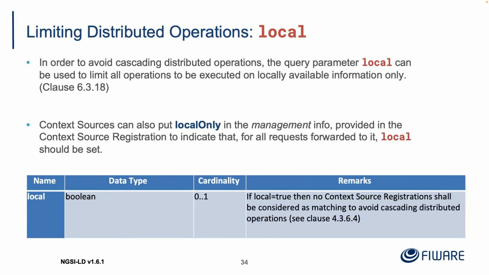Again, looking at that example with the battery level, maybe there is a device which is pushing up sensor information. If I put local in as the parameter, it will get everything, but not the battery level, because that's retrieved from elsewhere.